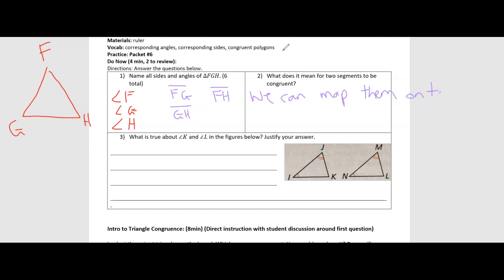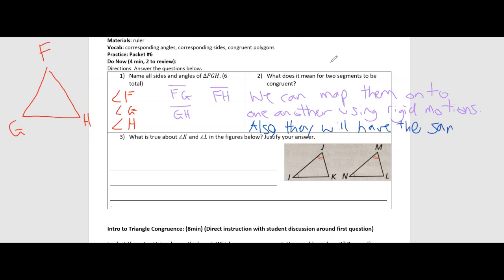We should actually say specifically how we're going to map them onto one another, using rigid motions. And then they will, of course, also have the same length.